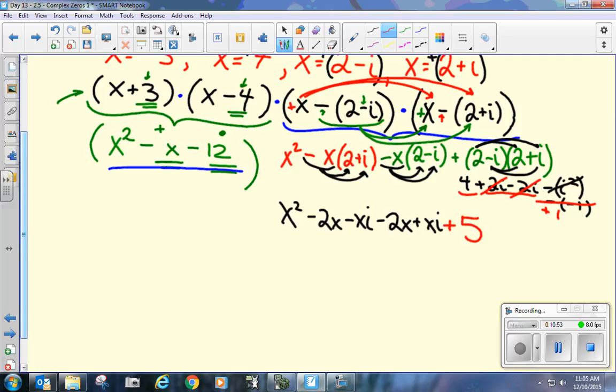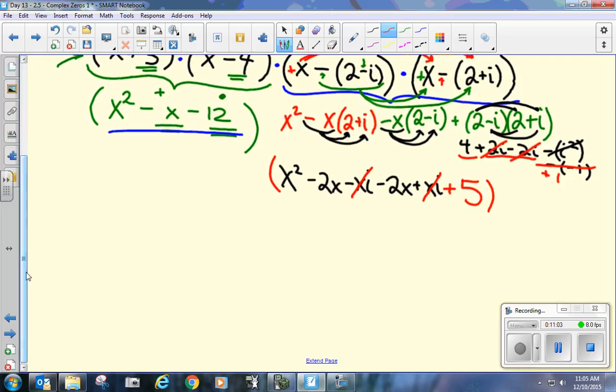What else can I combine in this right here? So this cancels with this. And is there anything else? Right, so I ultimately end up with x squared minus 4x plus 5.